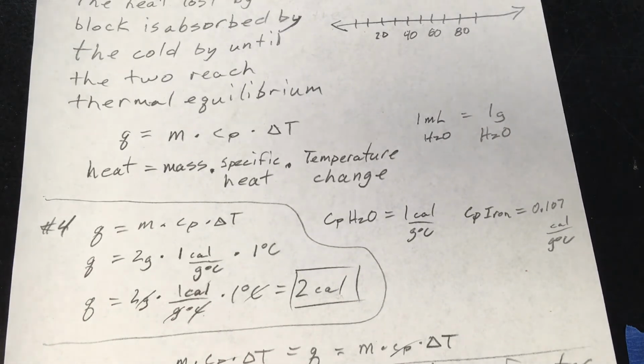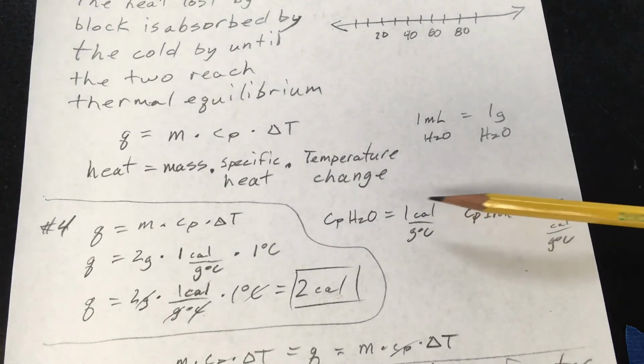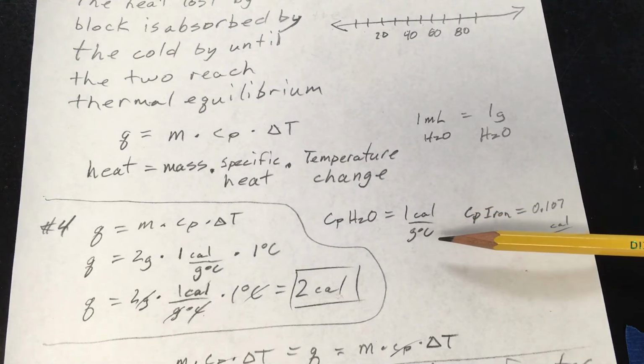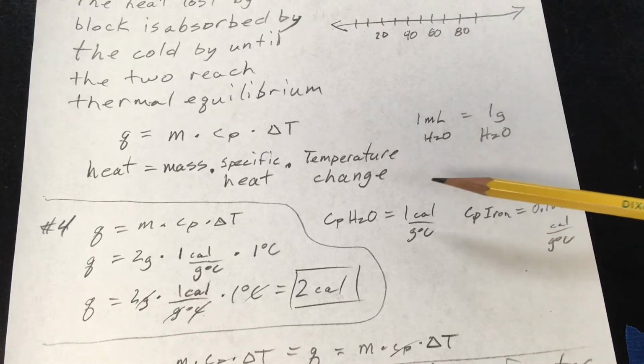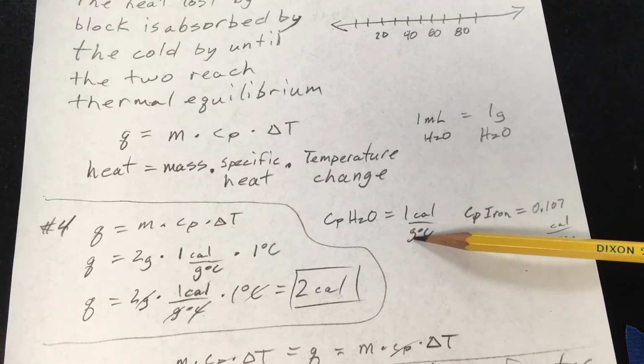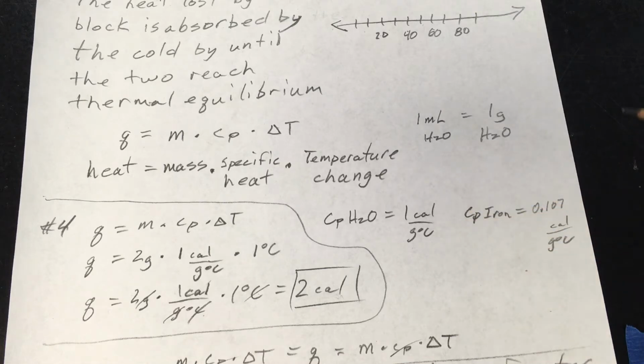Now, water has a specific heat of 1 calorie per gram degree Celsius. That means it takes 1 calorie of heat to raise 1 gram of water 1 degree Celsius. That doesn't seem like a lot, but it turns out that's a very high specific heat.